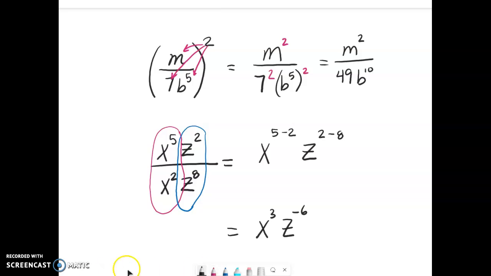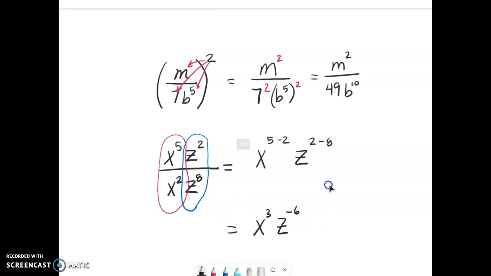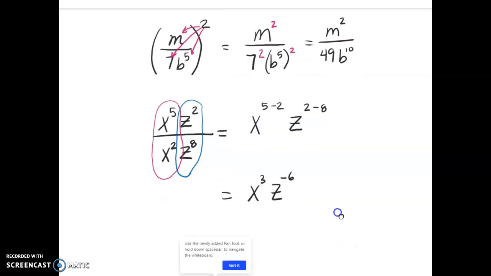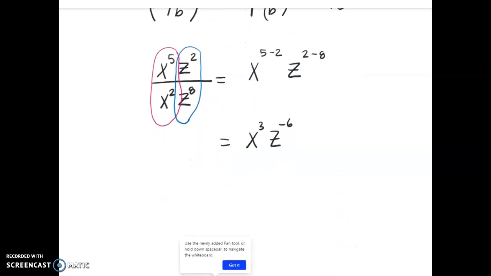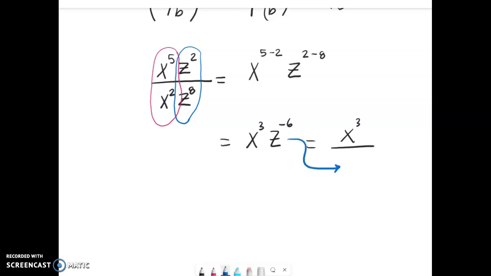But I don't want to leave negative exponents. So I'm going to take it a step further. I'm going to say z to the 6th. Well, when I have a negative exponent, remember what happens to it. How do I simplify it? X cubed will stay, but z to the 6th is going to go into the opposite location, and then it will become positive.